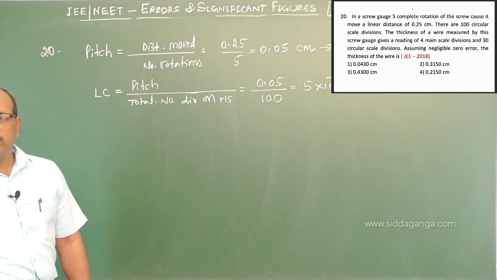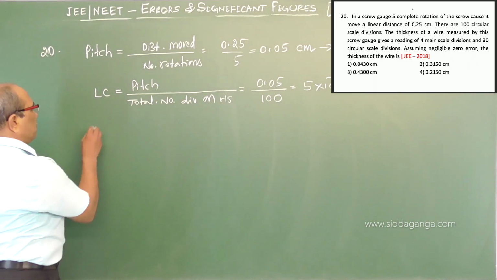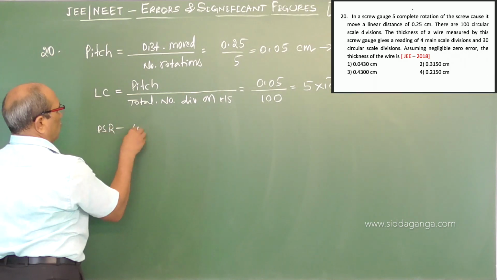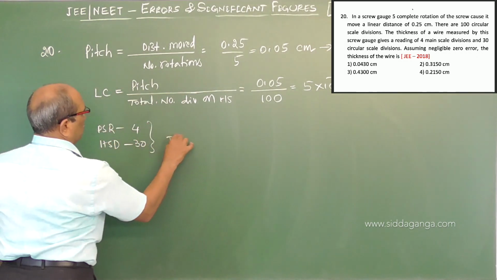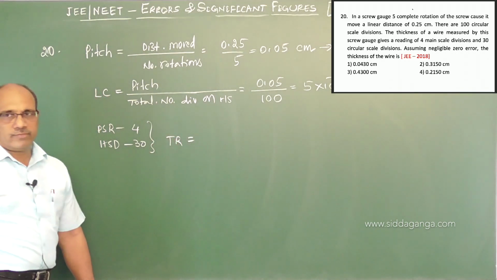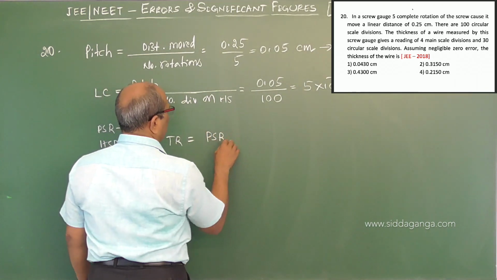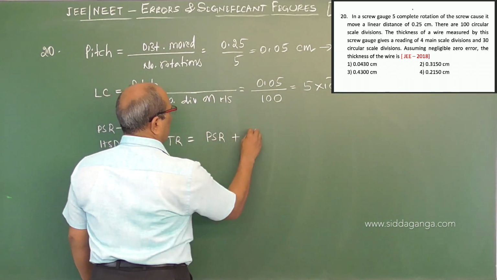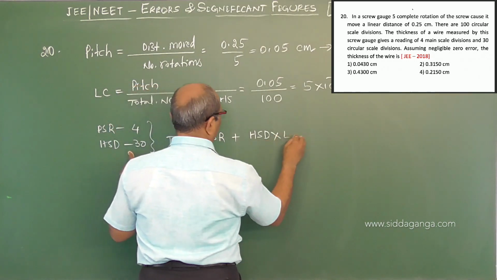Now, 4 main scale divisions and 30 divisions. Pitch scale reading is 4 and head scale divisions are 30. What is the total reading required? To find that, we have pitch scale reading plus head scale division into least count.